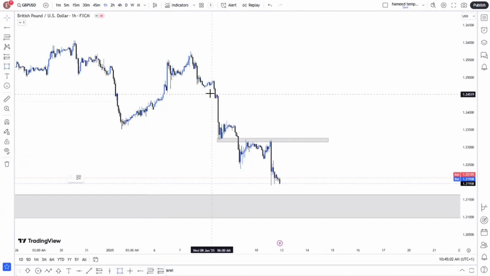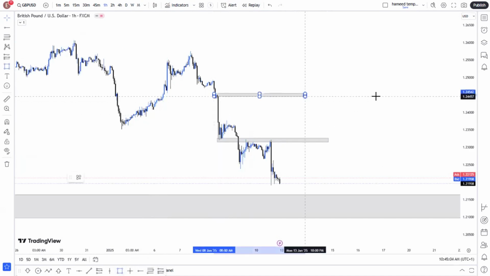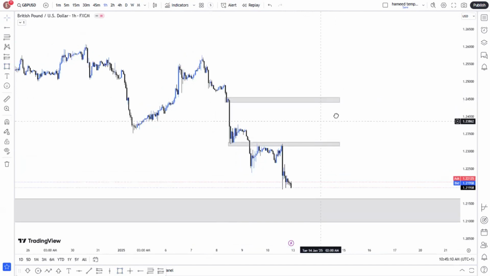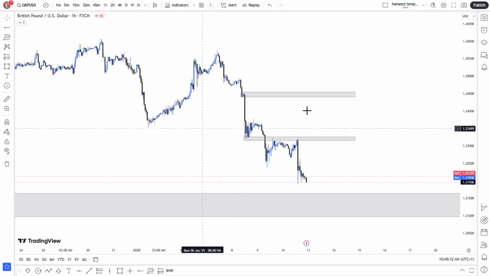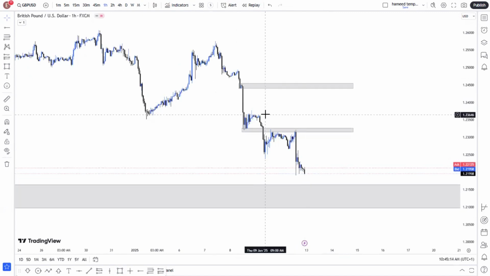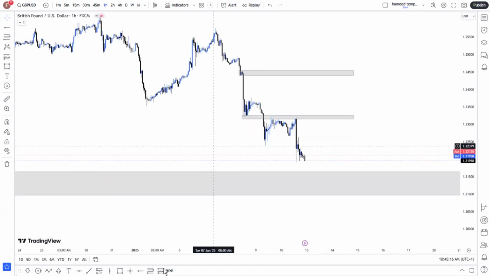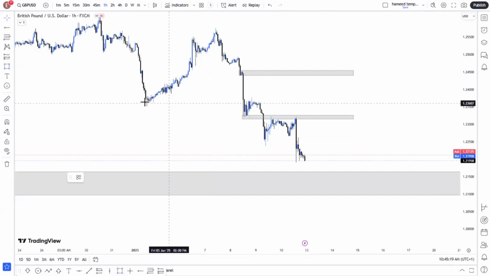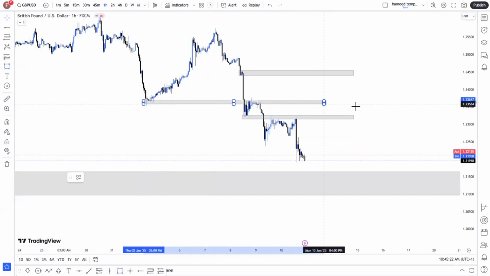There's one around here again. This supply zone here can also serve as a resistance zone for me. So these two around here as well. This one too. This support zone turned resistance around here. These two.